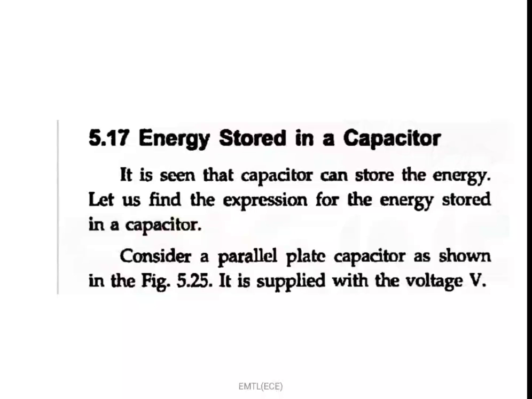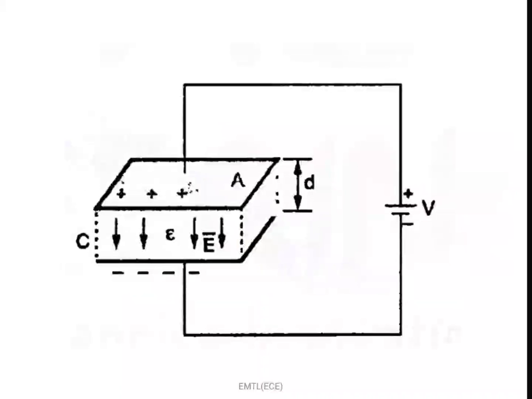So for this purpose, let us consider a parallel plate capacitor, as shown in the figure, with a supply voltage of V. So this figure represents a parallel plate capacitor. Here this is the positive plate, that means it has a positive charge.